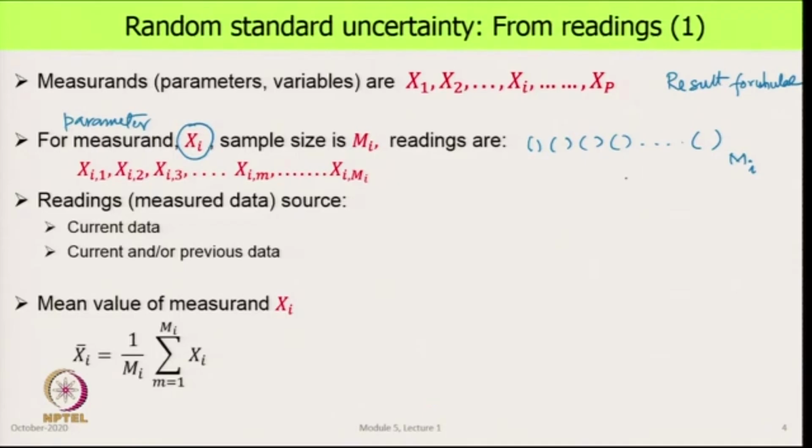That means, for the x_i variable, I have this many individual independent measurements. This m_i could be m1 for x1, could be m2 for x2, and so on, and these m's need not be equal or be the same.